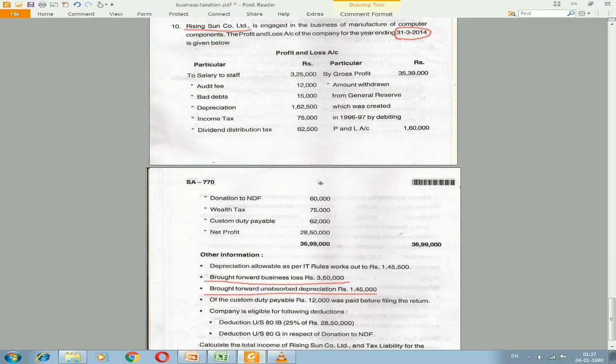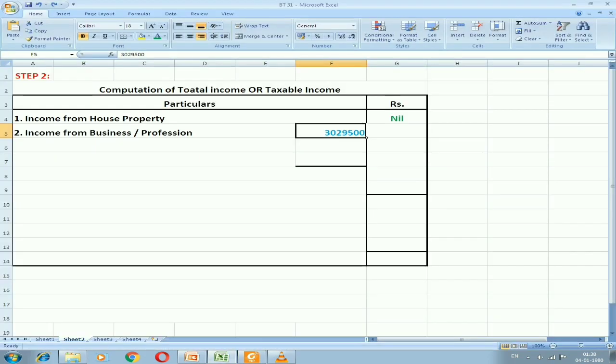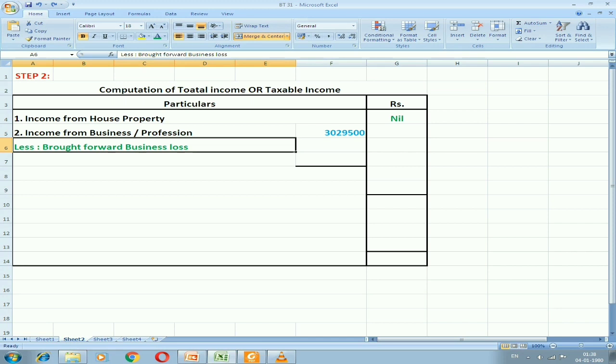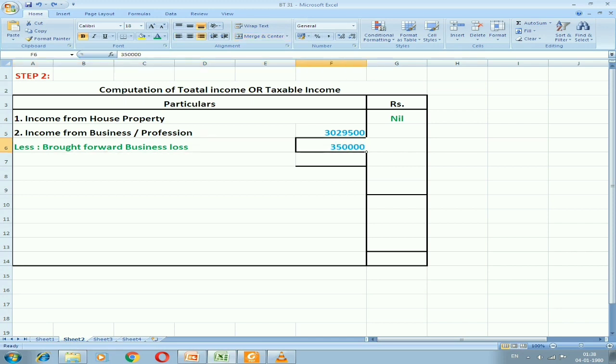Then why does the depreciation need to be deducted? If the respective income is there in the illustration, we can deduct from it. If not, we can deduct from any other income. That is the reason I have taken that loss under business income only. Brought forward business loss 3,50,000, brought forward unabsorbed depreciation 1,45,000, totally 25,34,500.